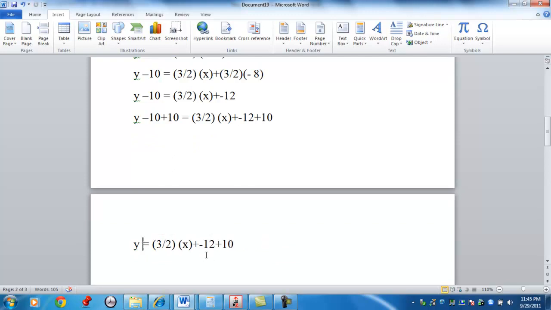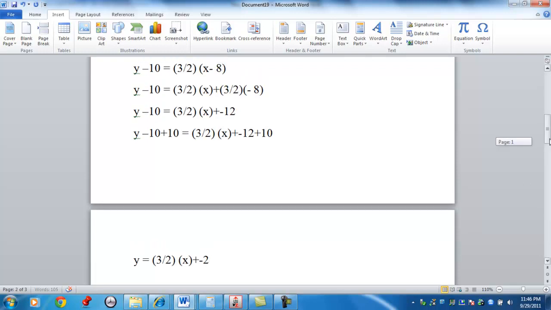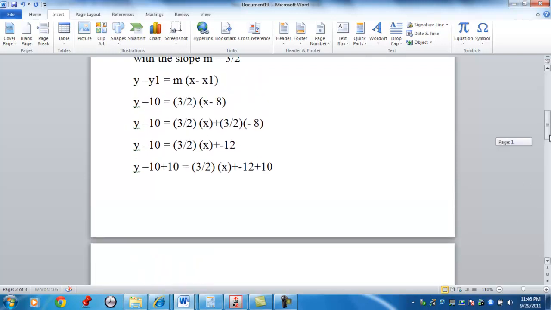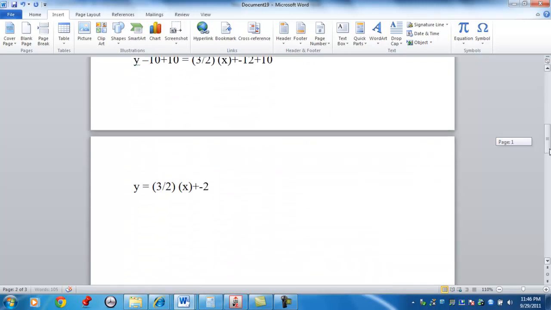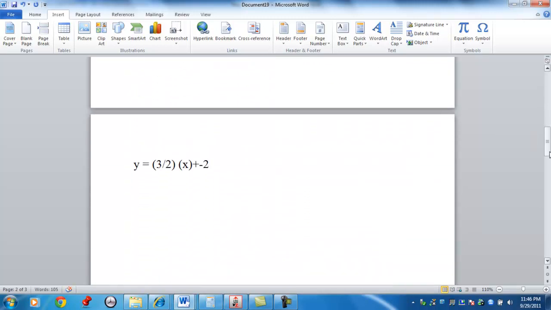And here I'm going to take the negative 12 and the positive 10, which would give me a negative 2 as the end result. So my final answer would be y equals 3/2 times x plus negative 2. That will achieve our goal. As you can see, there are several steps involved in this process, but that's the pathway you can take to find the solution.